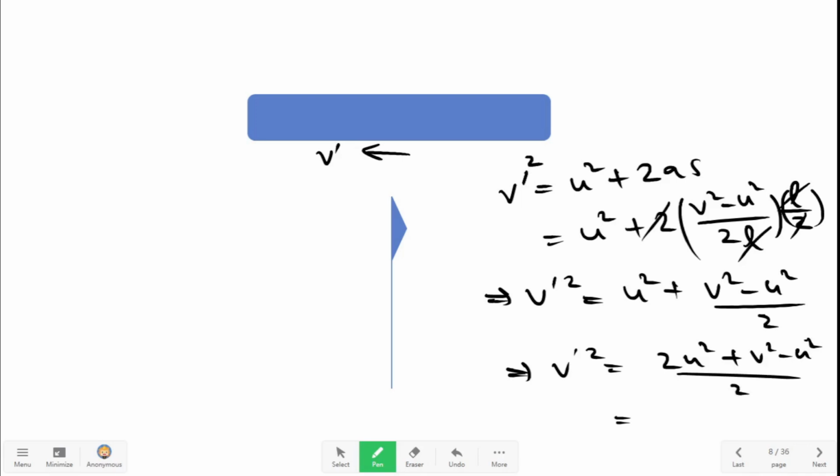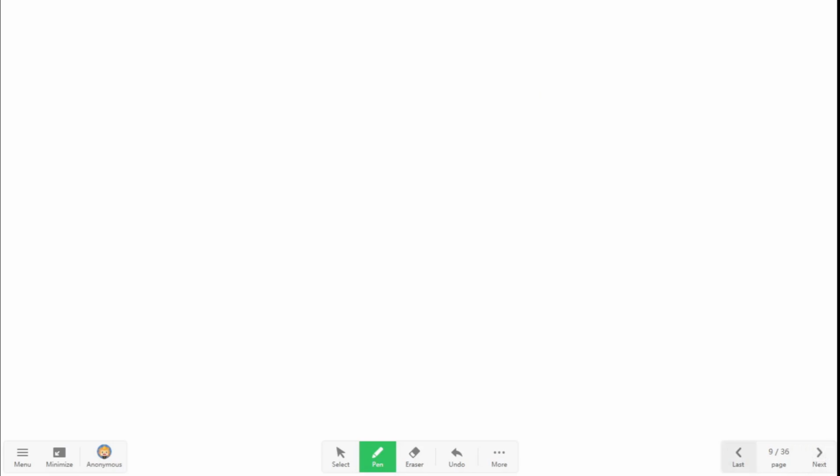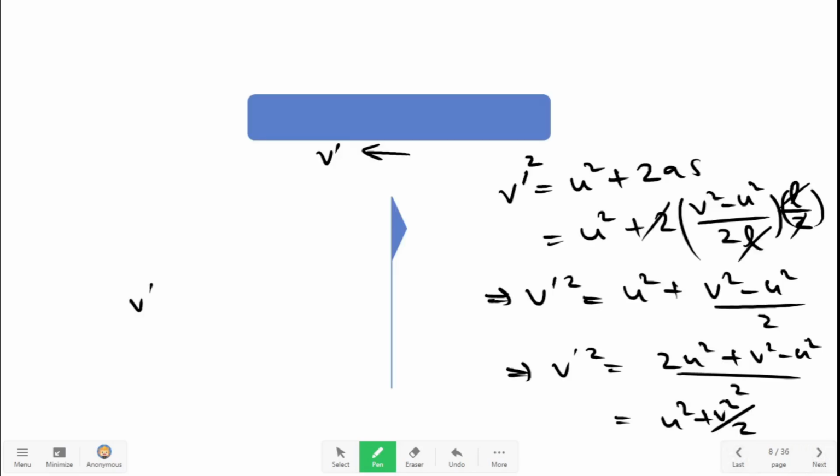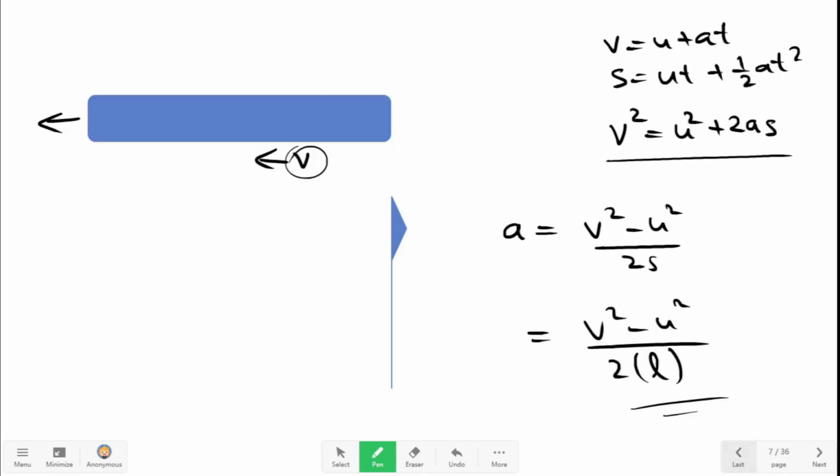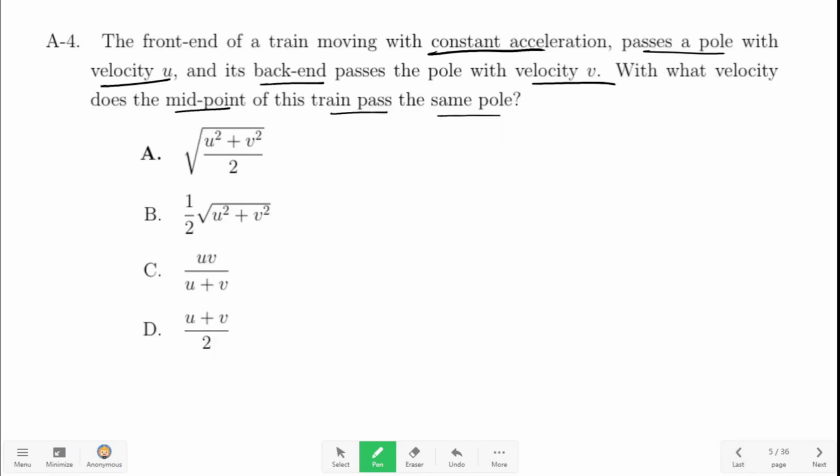This is equal to u square plus v square by 2, or v prime is equal to u square plus v square by 2 under root. So the correct option here is option A.